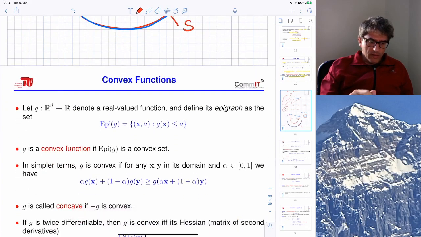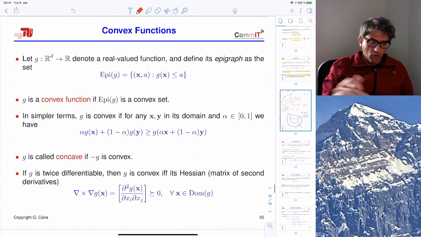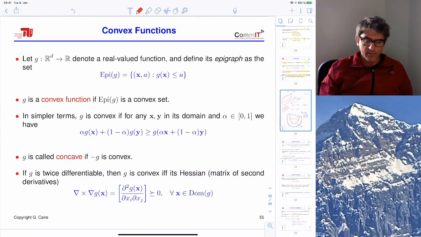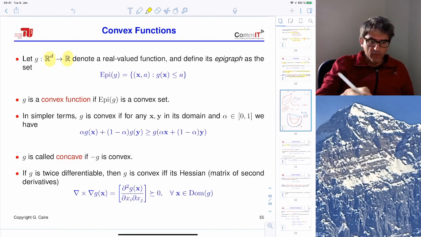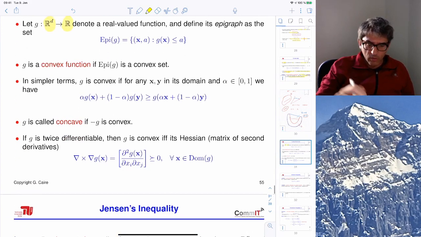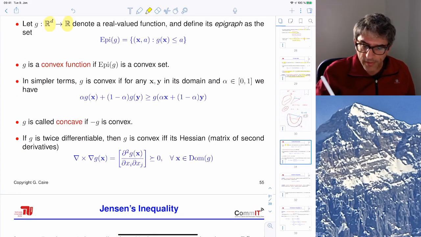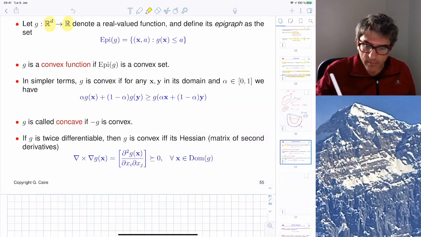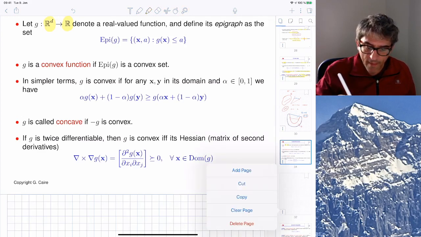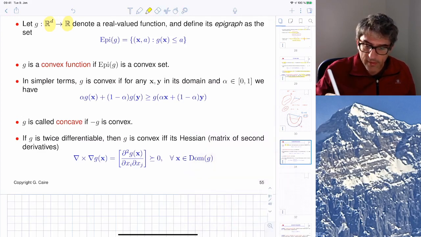Now, having seen convex sets, we can introduce the concept of convex functions. So let's consider functions from R^d to R. Now I want to add a page because all these things are easier when I introduce some drawings.